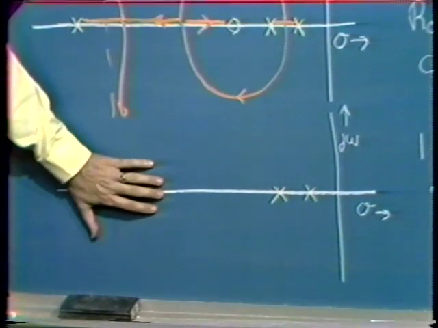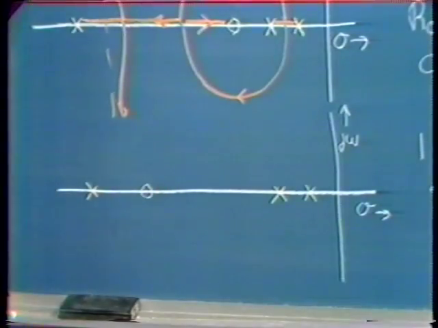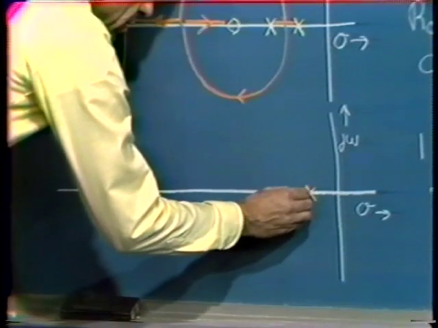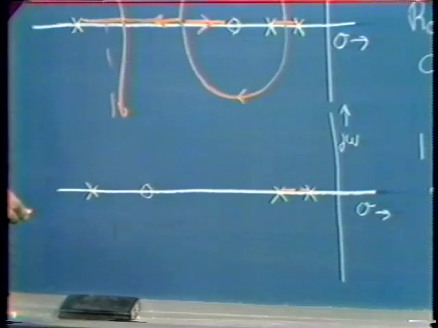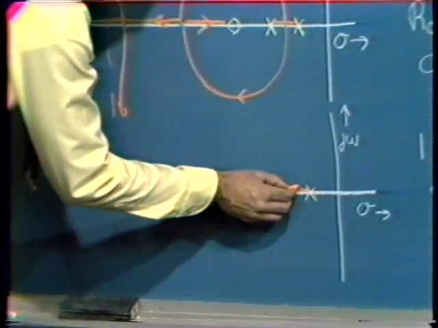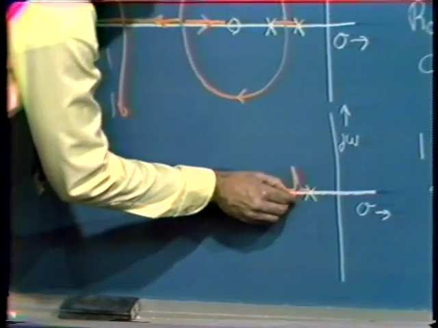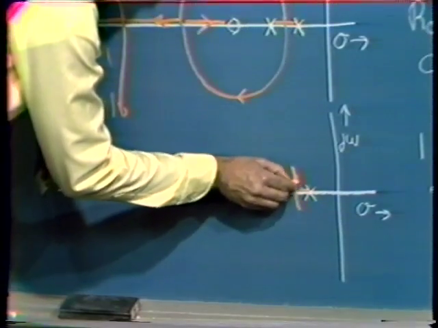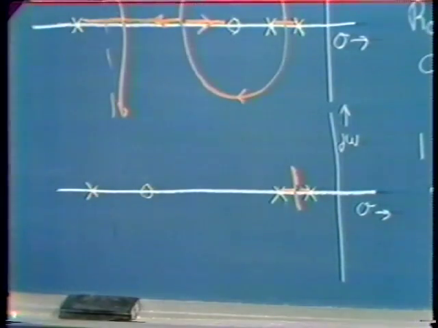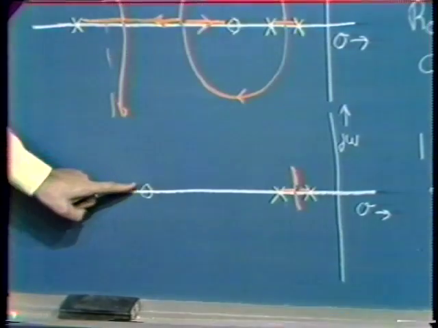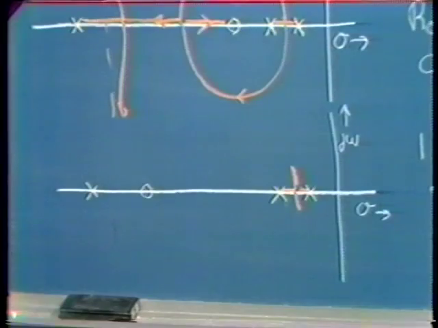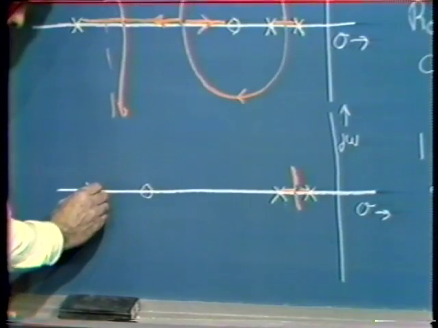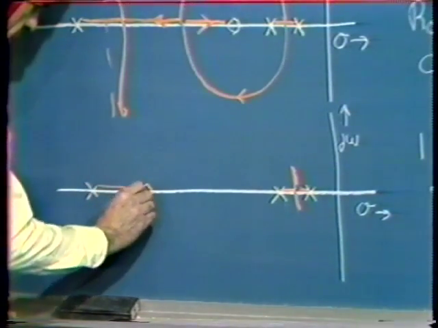To the extent that we can consider the pole and the zero remote quantities, we'd expect we can construct this root locus, this portion, ignoring these higher frequency poles and zeros. And under those conditions, we'd expect to have behavior something like so. However, we also know that this part of the real axis has to include a branch, and in particular, there's a branch that goes from this pole to this zero.